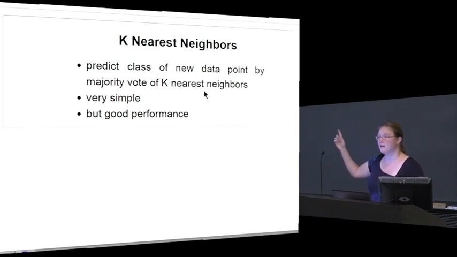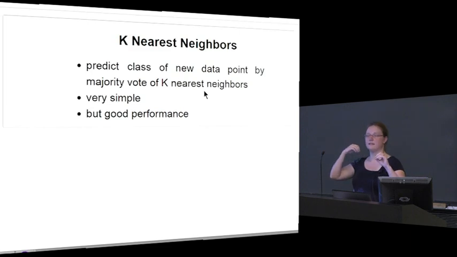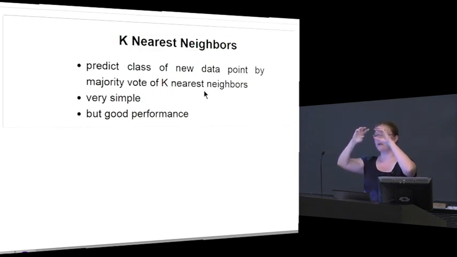So K here is what? What is K? If I say K nearest neighbors. How many votes there are? Yes, how many points?